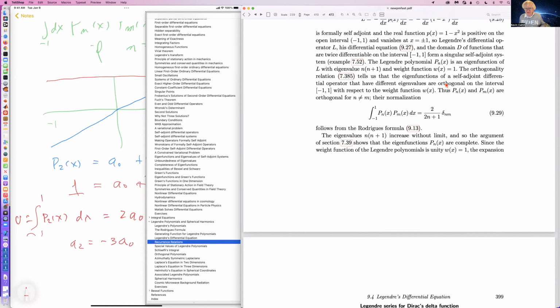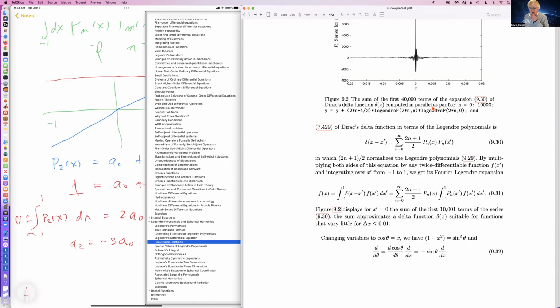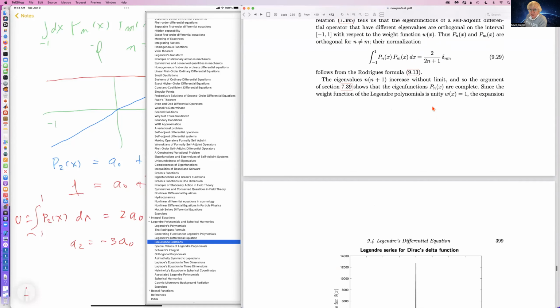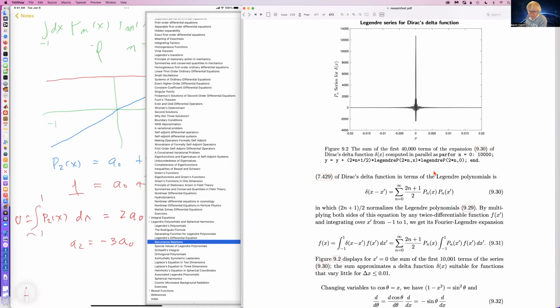All right, well, I'm going to have to think about this. This normalizes the Legendre polynomials, but I don't see rho here.